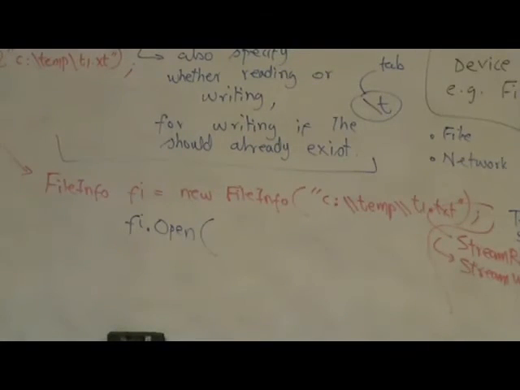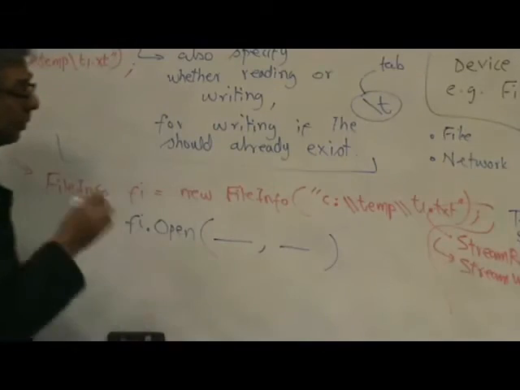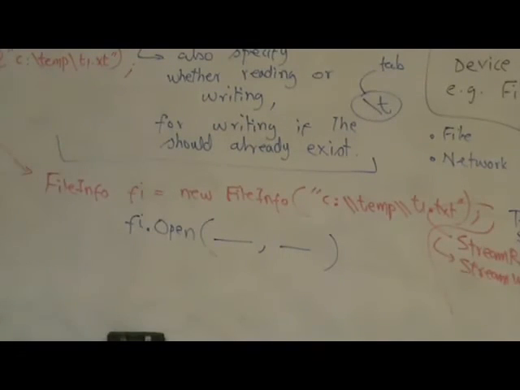My suggestion is call the Open and specify two parameters over here. Okay, both are enumerations. One of them will let you pick whether you are reading or writing. One of them will let you pick whether the file should already exist or not.